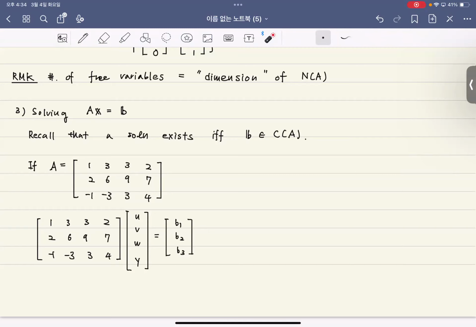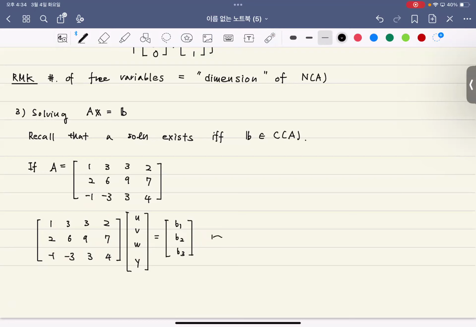I want to find a condition such that this column vector is a member of this column space. In order to find such a condition, I will need to change this matrix into the echelon matrix. So by applying the elementary row operations, this is 1, 3, 3, 2, 0, 0, 0, 3.